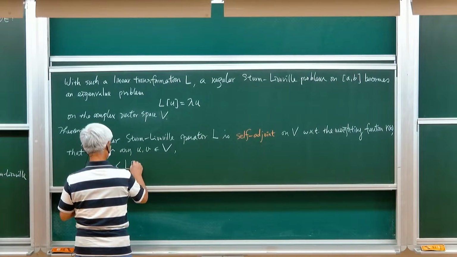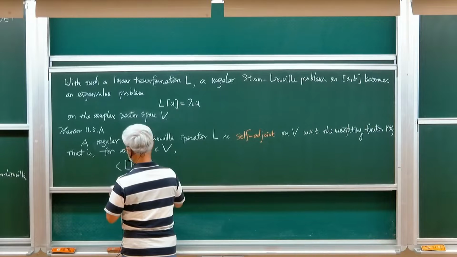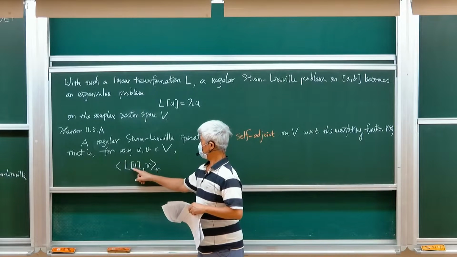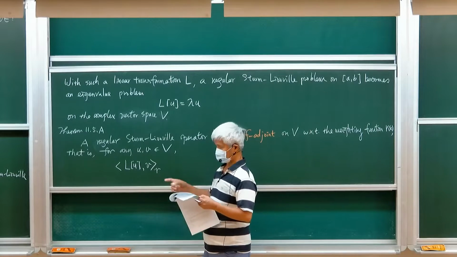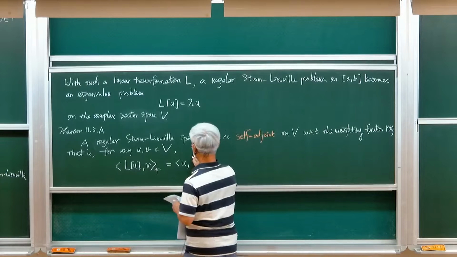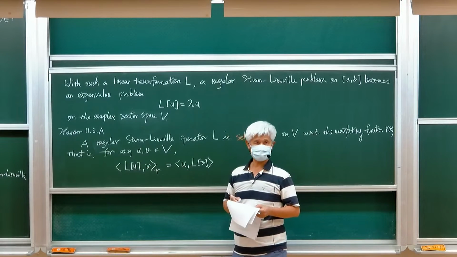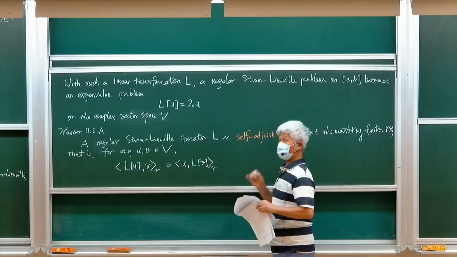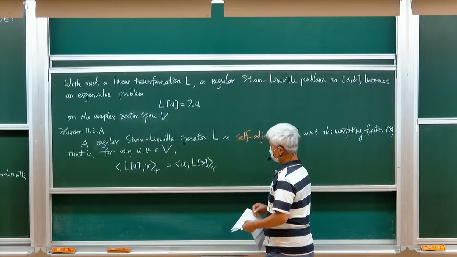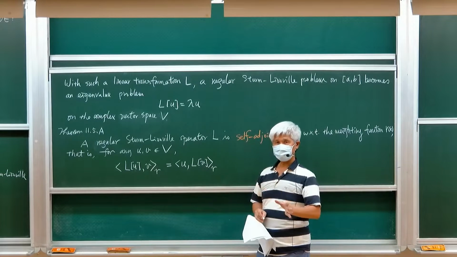the inner product, when you transform u by L and check the semi-inner product of L of u and v with respect to the weighting function R, will be equal to the one where you transform v instead of u and leave u without any transformation, with respect to R. Which means that under this inner product, the operation of L can act on either u or v without changing the result.